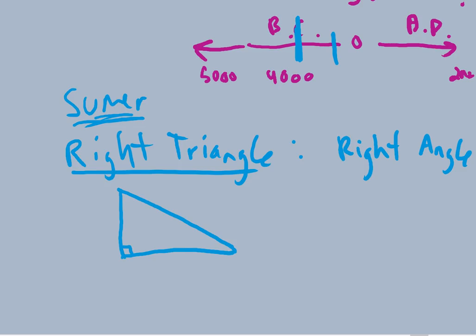We're going to call this side length A, this side length B, and this side length C. If you're given the lengths of A and B, you can solve for C. And if you're given the lengths of A and C or B and C, you can solve for the other side. That's what we're going to be doing here.